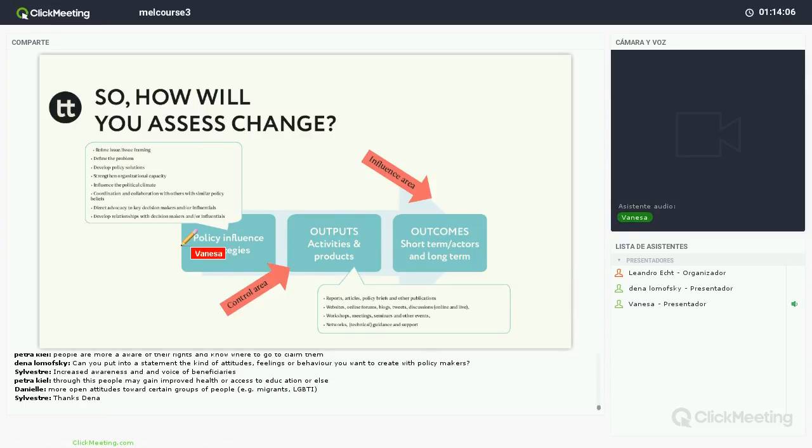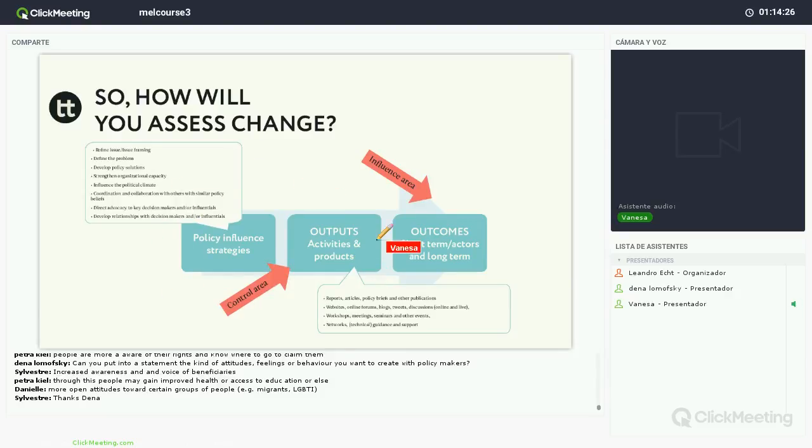Usually when we think about projects, or plans of big areas of our work or programs, depending on how each organization is structured, there are some recurrent policy influence strategies that you deploy as a program or as an organization.